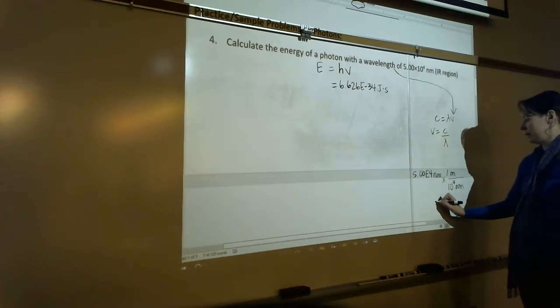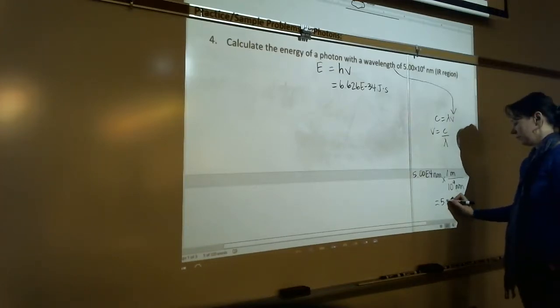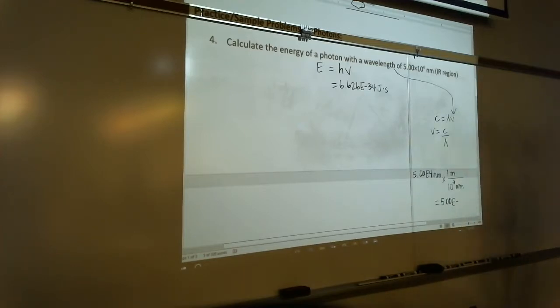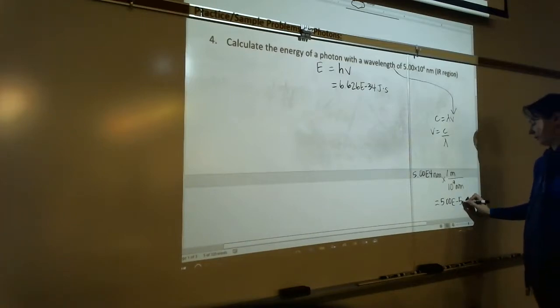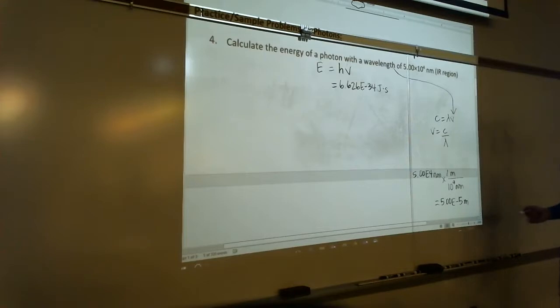So what does that give me as our wavelength in meters? 5 times 10 to the negative what? You're just subtracting your exponents. It'd be fifth, right? Because when you divide exponents, you just subtract them. So 10 to the 4th divided by 10 to the 9th gives you 10 to the negative 5th.